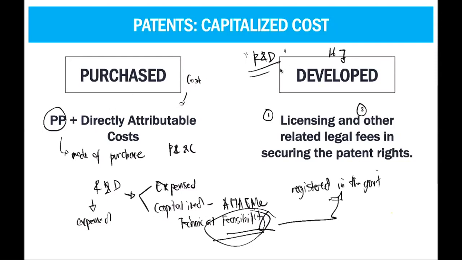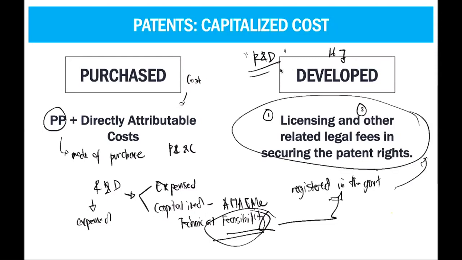So what are the costs normally on the registration with the government? That is your licensing and other related legal fees. Take note again, in this patent, we can only make use of it upon registration and upon approval by the government. Therefore, once approved, we can say there is feasibility as to our use of the patent.